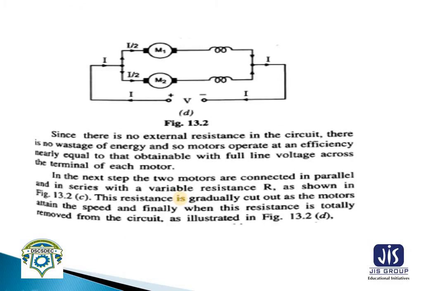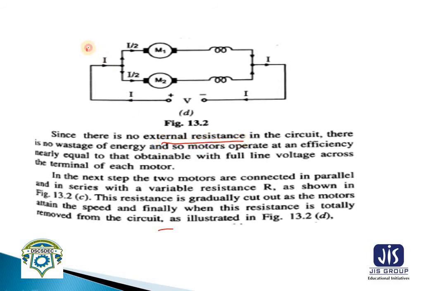Now this is the fourth position. Since there is no external resistance in the circuit, there is no waste of energy, and so the motors operate at an efficiency nearly equal to that obtainable with full line voltage across the terminals of the motor. So, as I said previously, when the external resistance is removed, the circuit becomes like this.